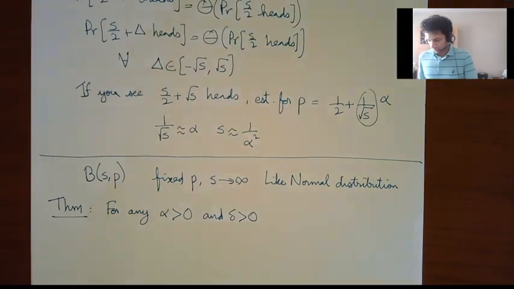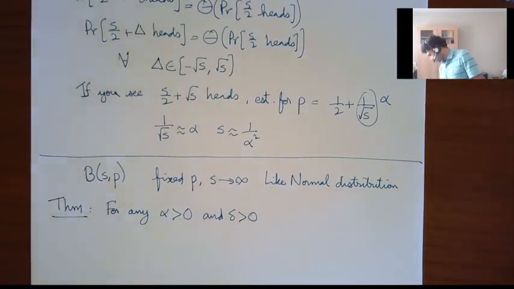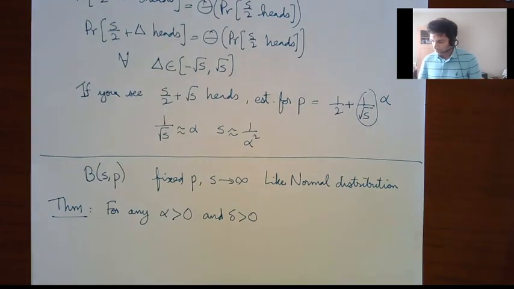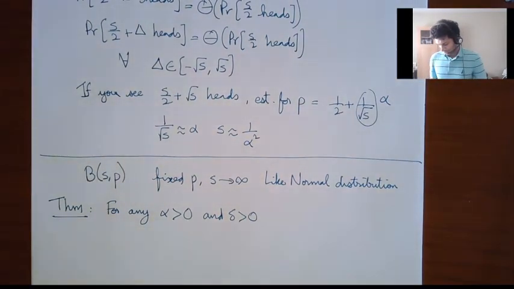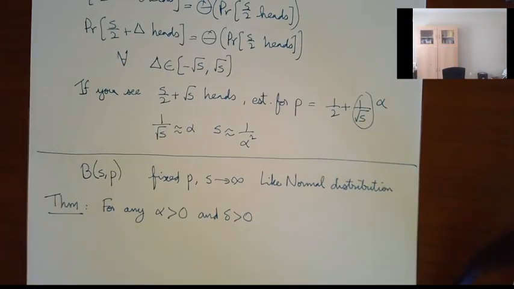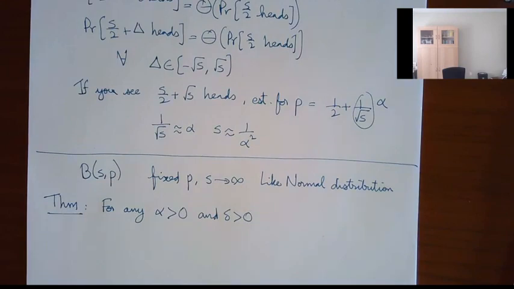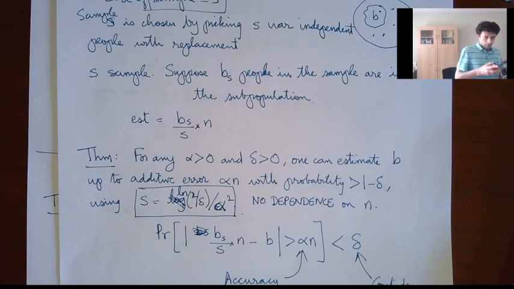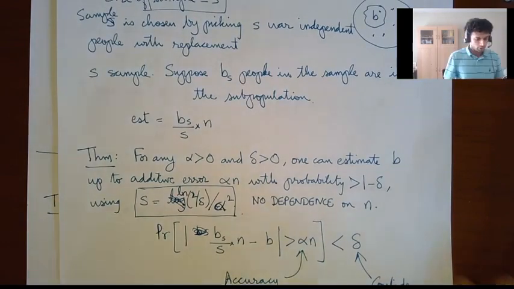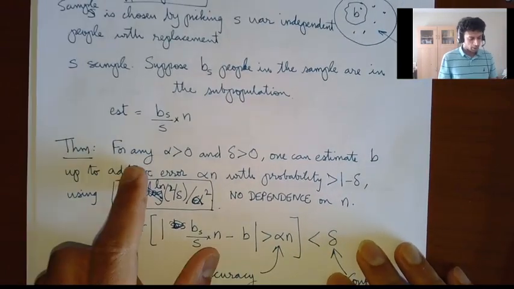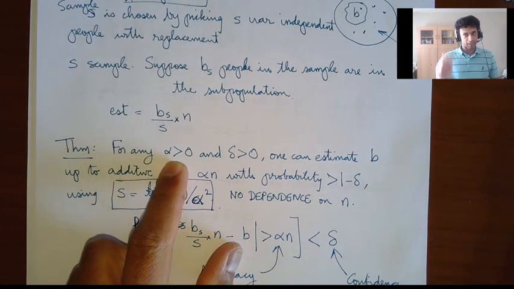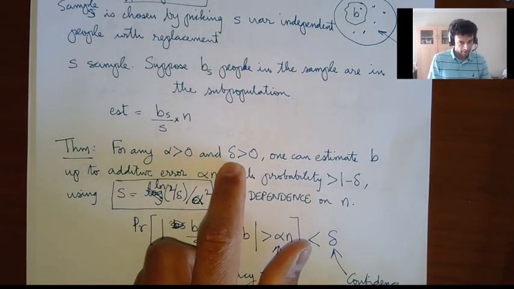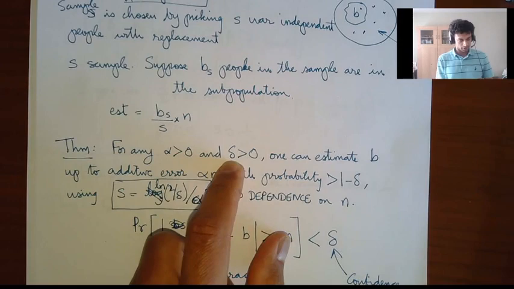So again, let me pull up my previous theorem here. Sorry, I seem to have dropped it. Okay. So remember, I parameterized it by alpha being the accuracy and delta being the confidence.